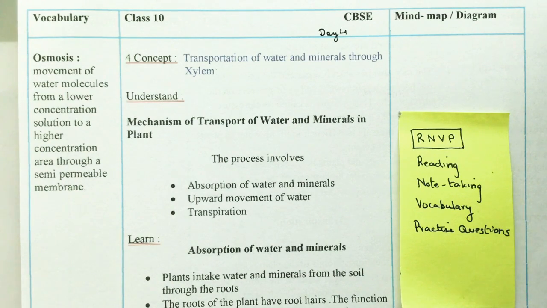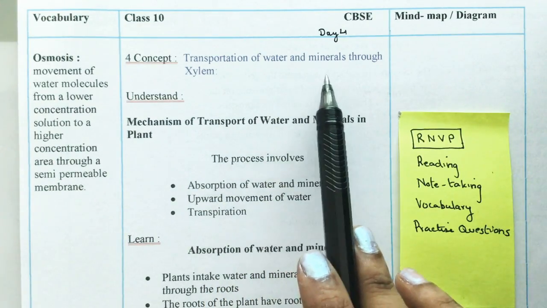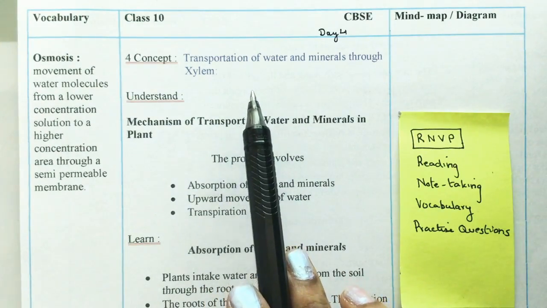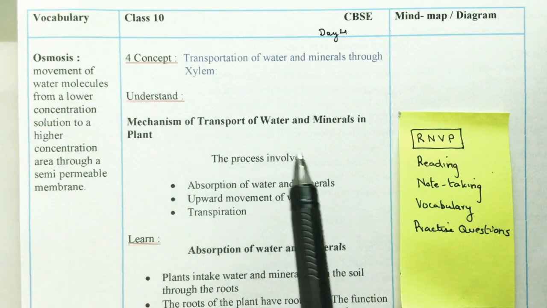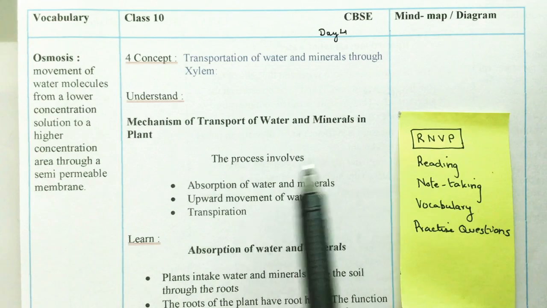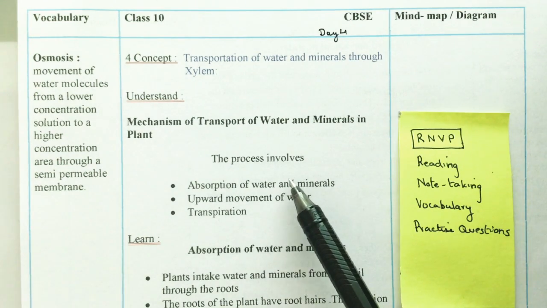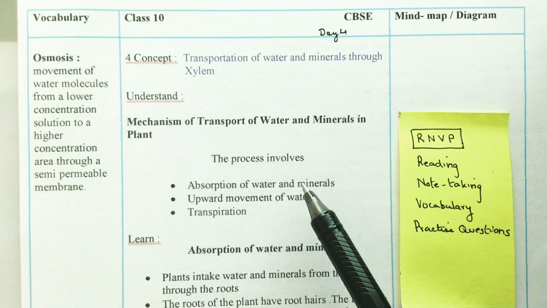After reading the content, what you have to understand under the concept of transportation of water and minerals through xylem is that there is a kind of mechanism for transport of water and minerals in the plant, and this mechanism involves three processes.